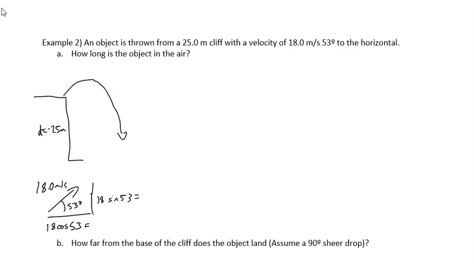If we take a look at 18 cos 53, that gets you a velocity of 10.8326, but we'll just go 10.8 meters per second in the x direction. In the y direction, that is 18 sine 53, and that's going to be 14.37 meters per second.